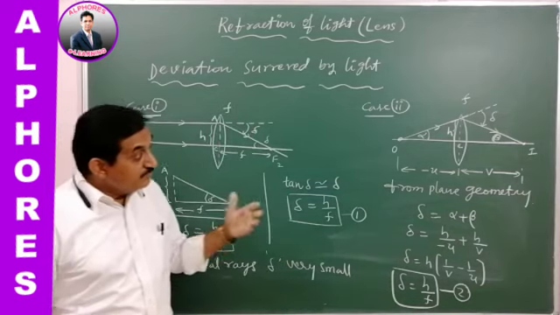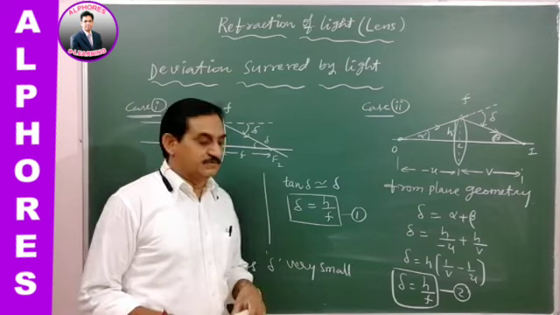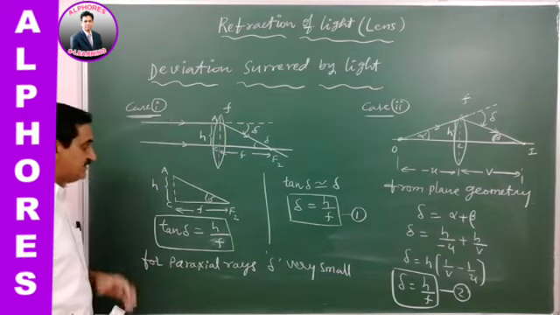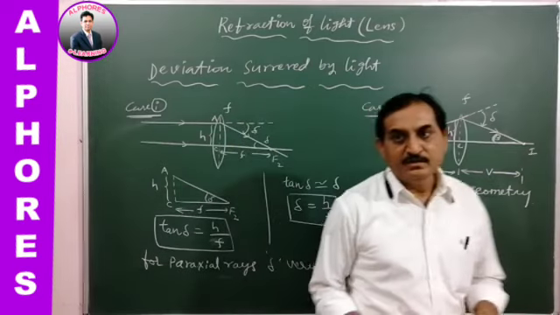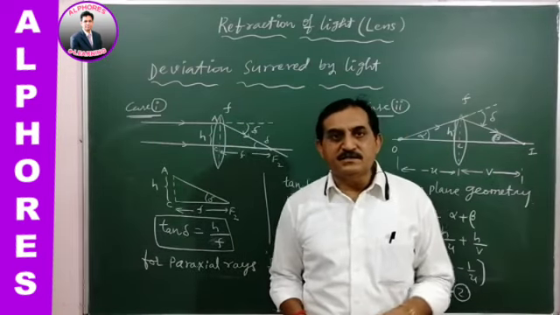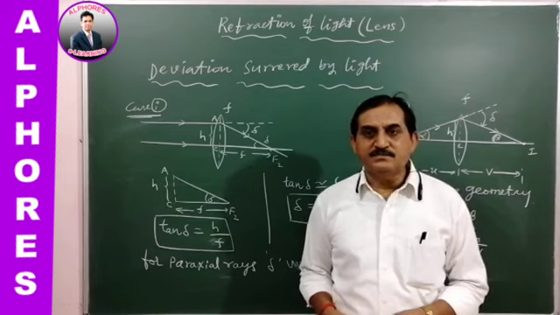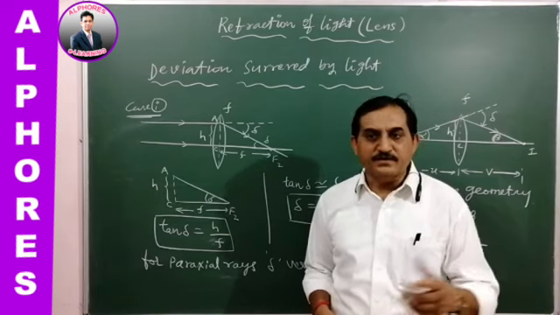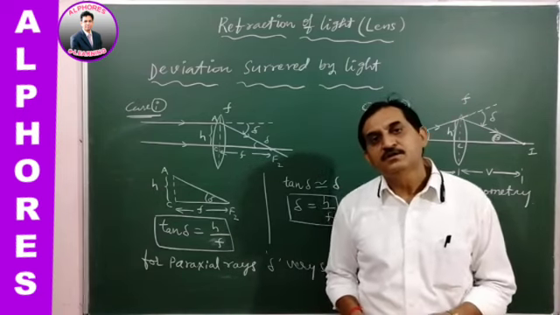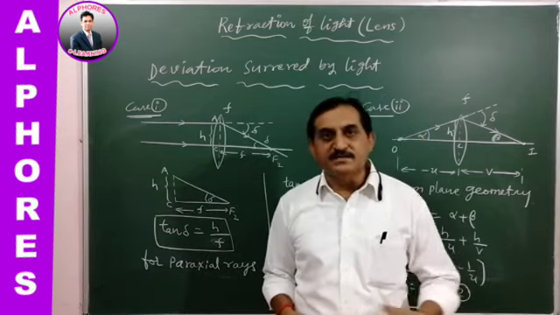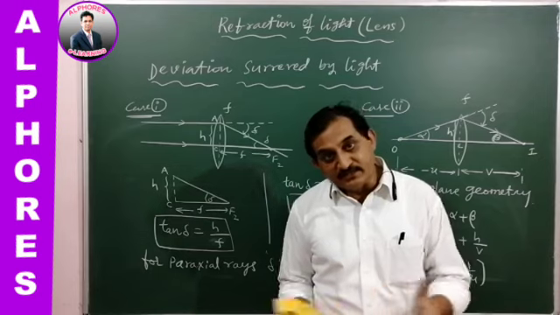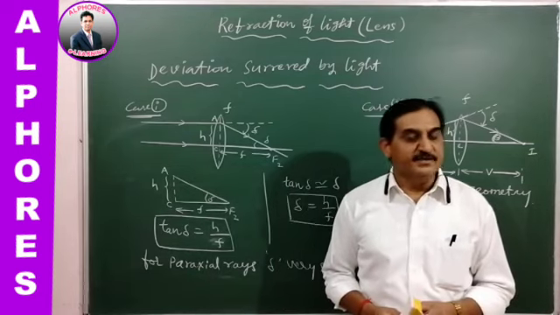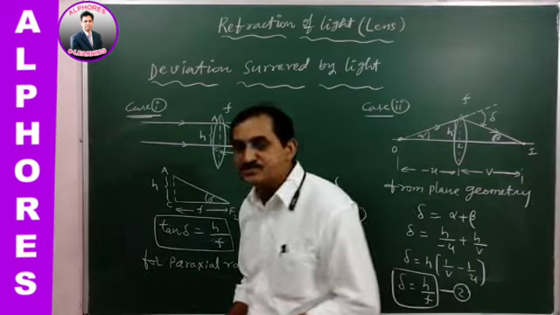Now, we can also find the power here. In this case, power can be estimated for a lens. So what is the meaning of power? Power is the measurement of the ability of a lens by which we see how greatly the light rays converge, or how greatly the light rays diverge, when refraction takes place through the lens.